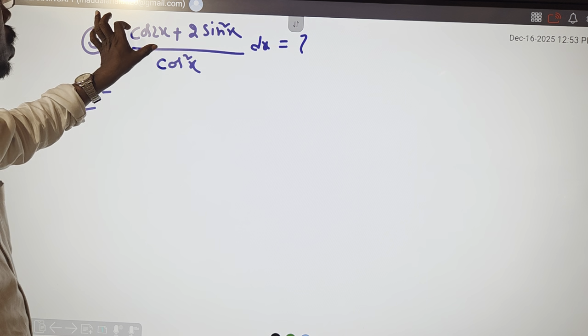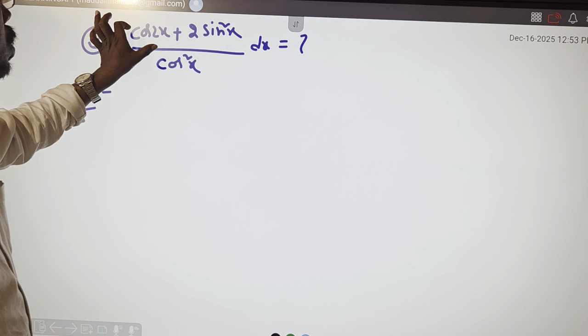If you want, I will give you clarity. Cos 2x equals cos square x minus sin square x, which is equal to 2 cos square x minus 1, which is equal to 1 minus 2 sin square x.